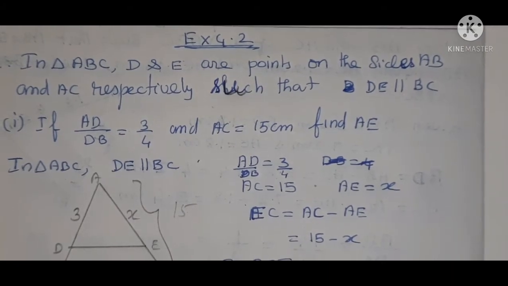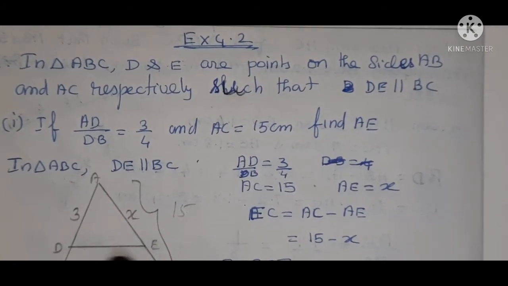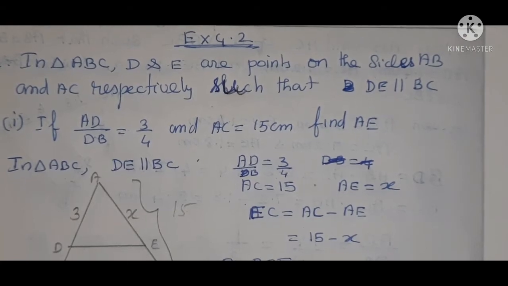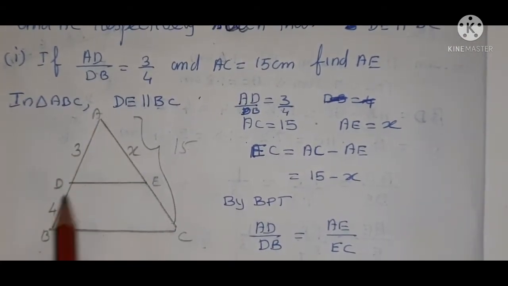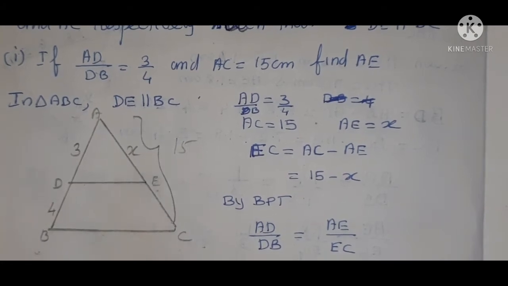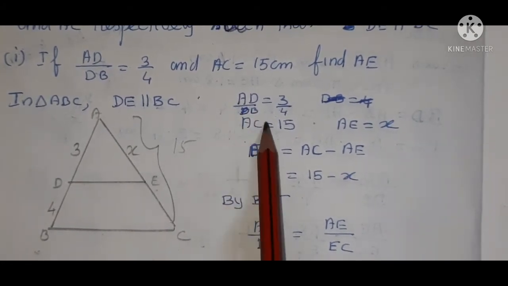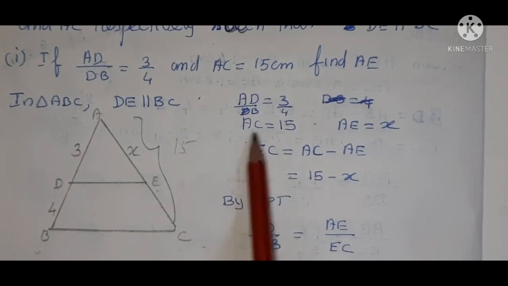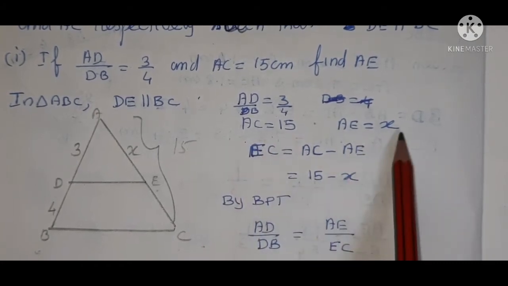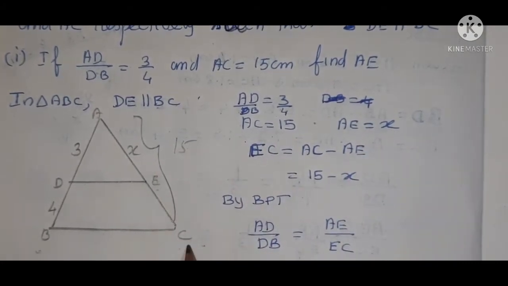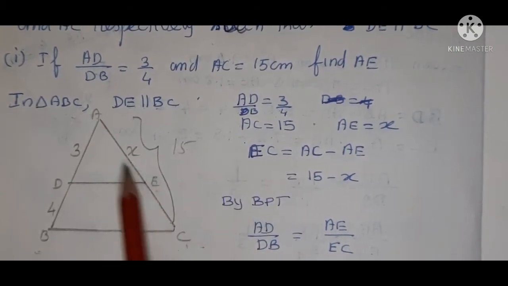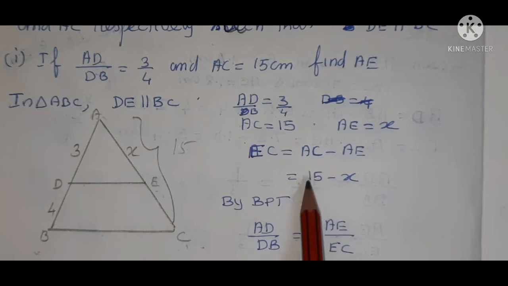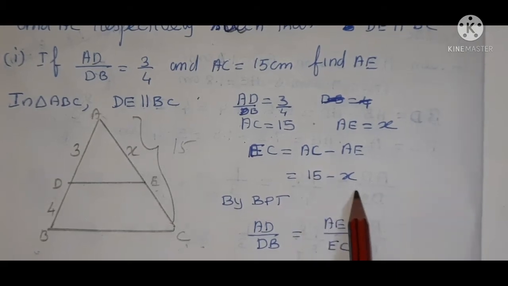Given in triangle ABC, DE is parallel to BC. Given AD by DB is equal to 3 by 4, AC is 15, AE is x, EC is equal to AC minus AE, 15 minus x.